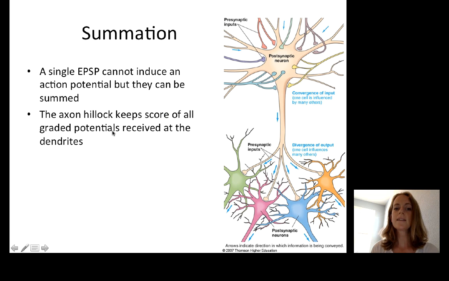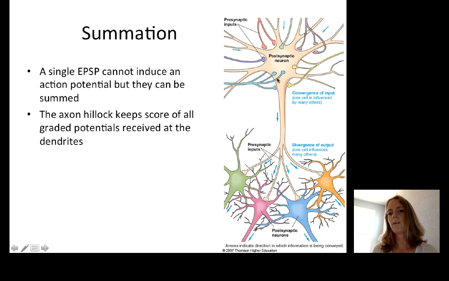There are two ways that graded potentials can add up, and this is called summation. So a single EPSP alone cannot induce an action potential, but they can be added or summed. The axon hillock will keep score of all the graded potentials until we get to threshold.